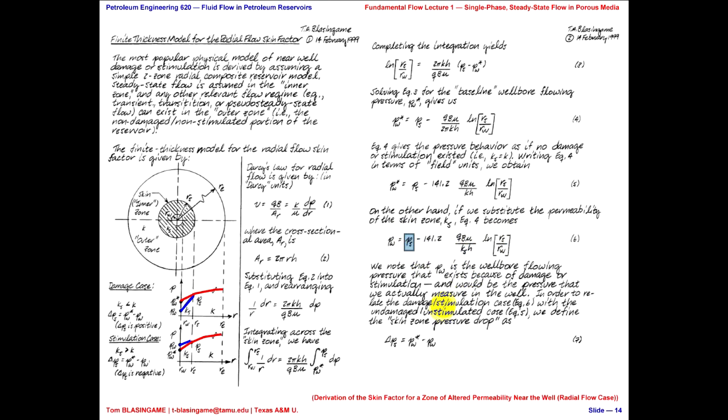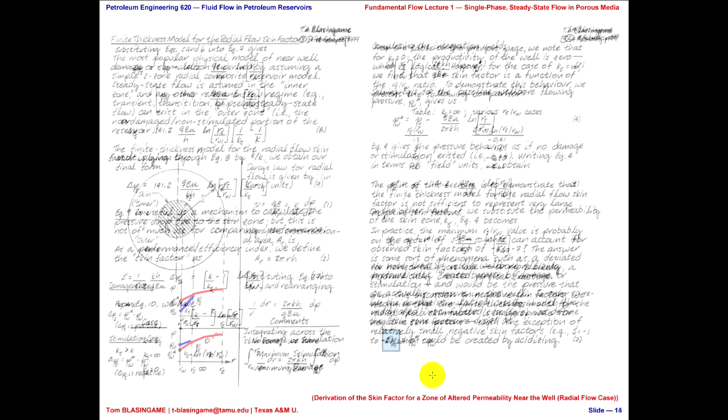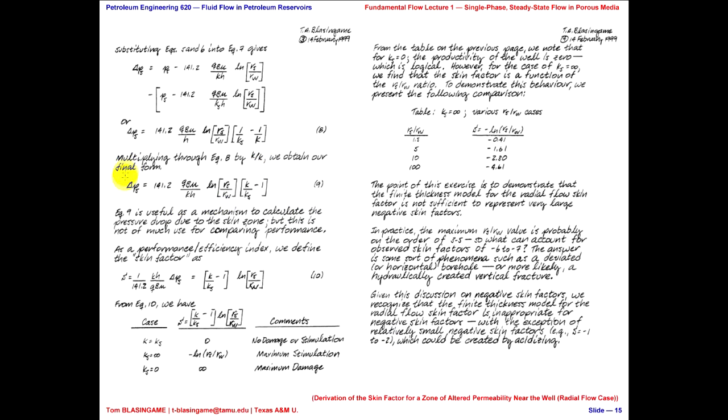So you're still indeterminate. But we can write an expression that is the difference between the ideal pressure at the wellbore and the actual pressure at the wellbore, and that's PS. And when we do that, and we substitute all our relationships in, then PS is equal to this.